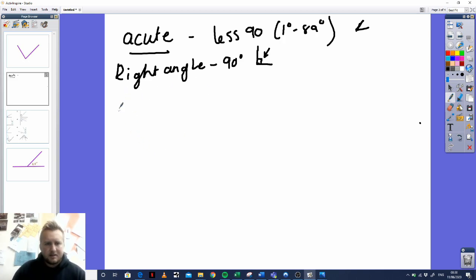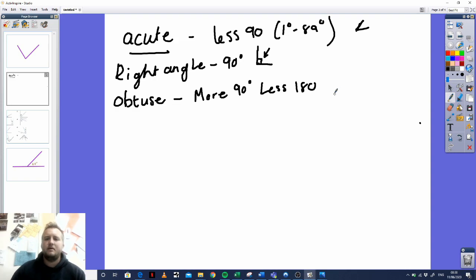When we get larger than 90 degrees, we get an obtuse angle, which is not cute, it's obtuse. Okay, and that is going to be more than 90. The thing is, we need to remember it's less than 180. So we've got an angle that looks like a reclined chair.